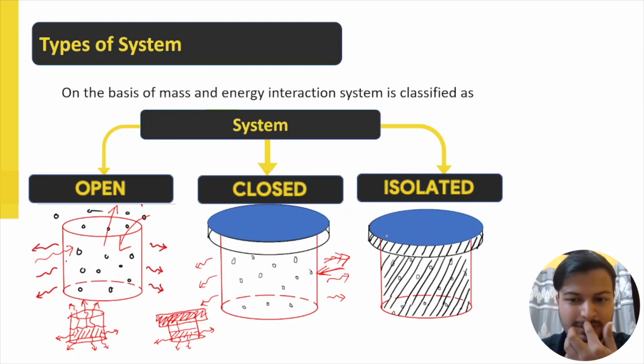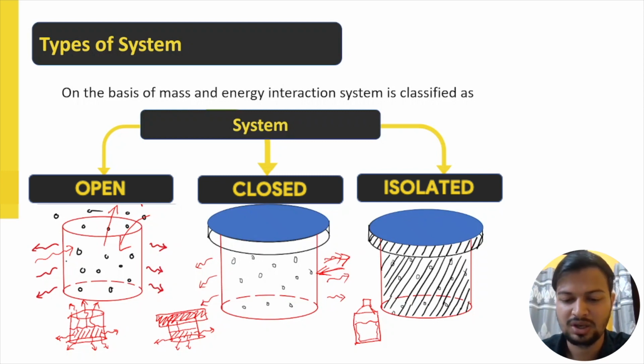Then we'll move on to the isolated system. In an isolated system, both mass and energy interaction are prohibited. For example, we take a thermoflask. Everyone has used a thermoflask. If you put hot water in there, or cold water also, then the temperature of the water remains the same for some amount of time.